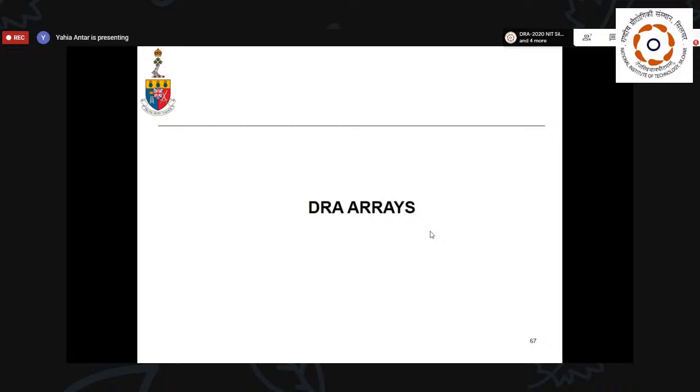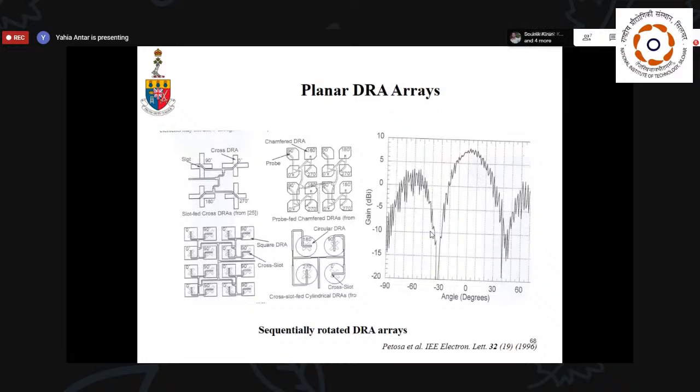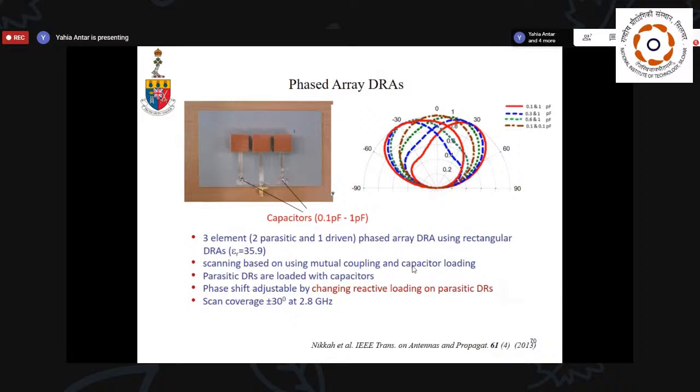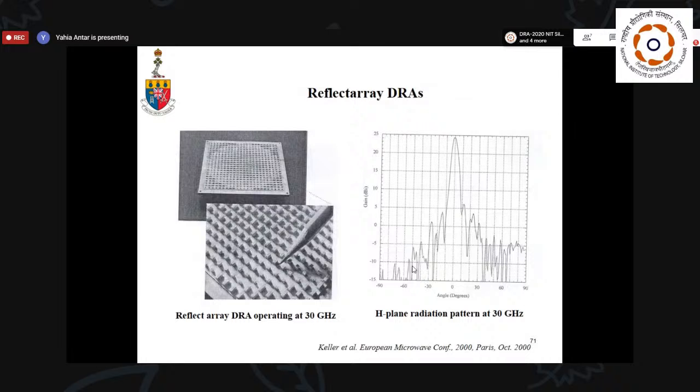I'm not going to talk too much about arrays in my talk here because I'm sure you have seen it. So I'll just hand wave at some of them. You have planar, and this was done a long time ago and is still very effective. You have the work Dr. Keshka, I'm sure, talked about some of that, and the various designs by various groups.